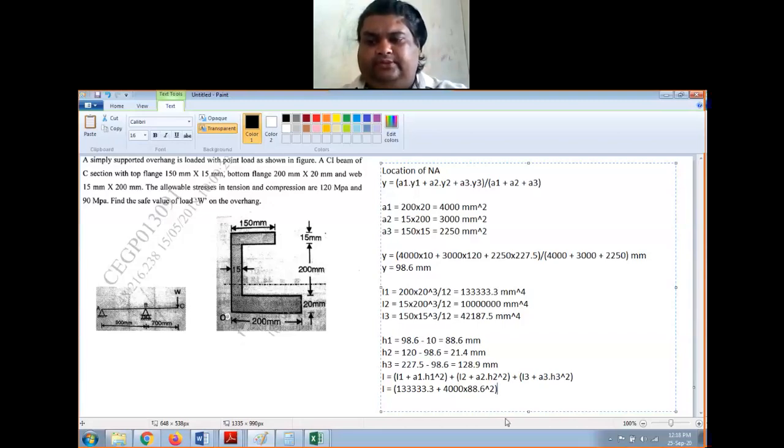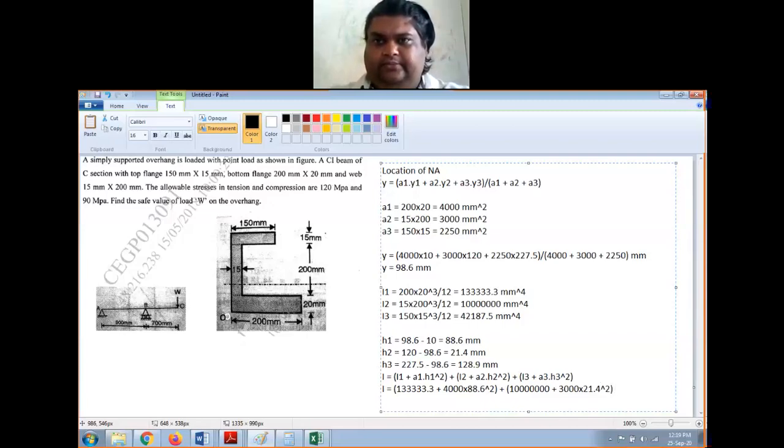Okay, that is the first term. Second term is I2 is this plus A2 is 3000 into H2 is 21.4 square.